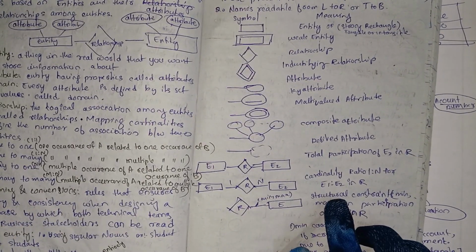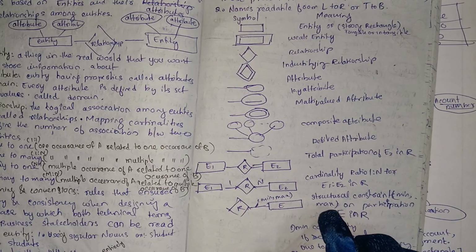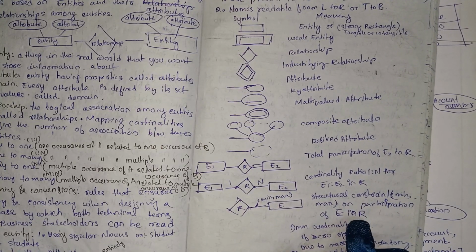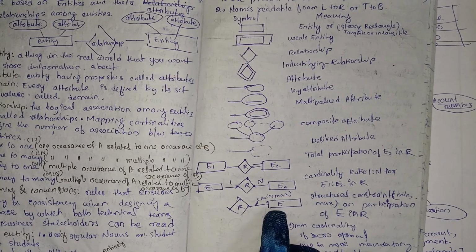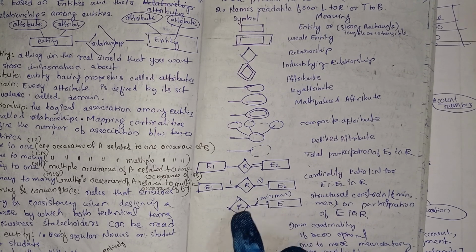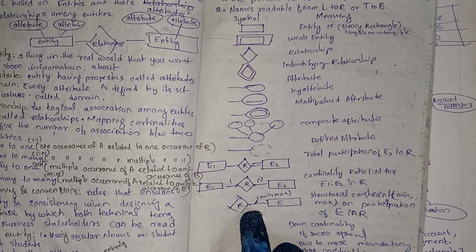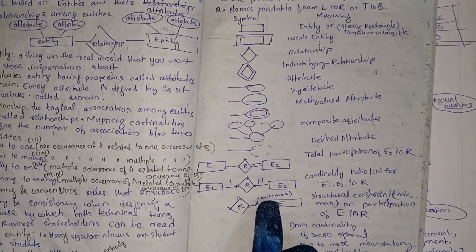And structural constraint (min, max) on participation of E in R means how many times this entity's values are participating in this relationship. If the minimum number of values are participating in this relationship, then we will consider the minimum value.